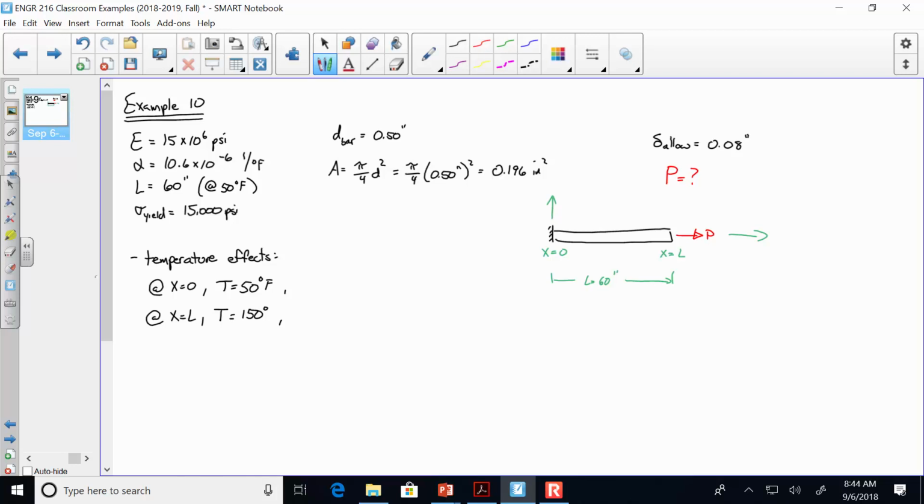So what's the change in temperature at the end? 100. What's the change in temperature here? 0. Okay, there we go. That's something I want to make sure that everybody's clear on. So over here, the change in temperature is 100 degrees Fahrenheit, and over here the change in temperature is 0 degrees Fahrenheit. Sound good?